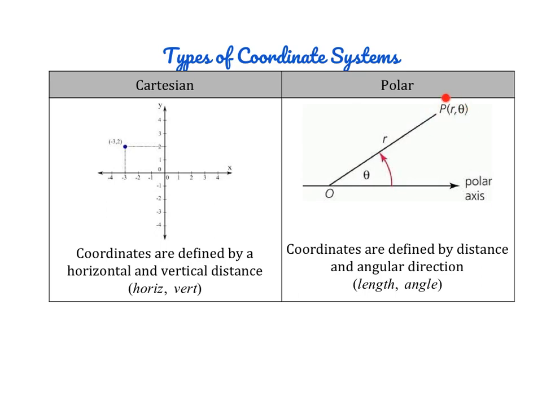So on a polar system, you still will have a value and then a value, but instead of being x, y, the first value represents r, which is essentially like the radius from the center to the point. And then the second value is theta, so it's this angle, whatever the angle is measured from the polar axis. It's possible for the angle to be positive or negative, but we measure it just like in the unit circle. We start here at what we call the polar axis. So it's length and angle.